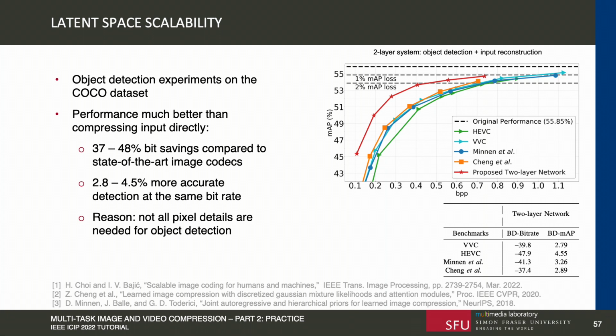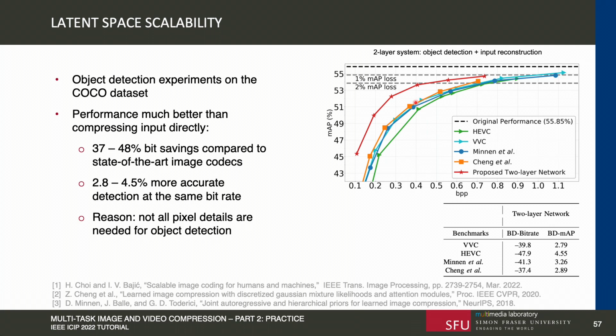So let's look at some results on the COCO dataset. So this graph shows the bit rate versus mean average precision for various cases. The black dashed line here at the top is the system performance without compression. So that, in other words, that's just the performance of YOLO version 3 fed with input images without any compression. And the two dashed lines below it show the 1% and 2% MAP drop.